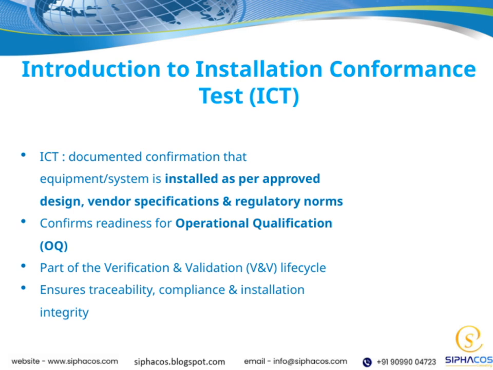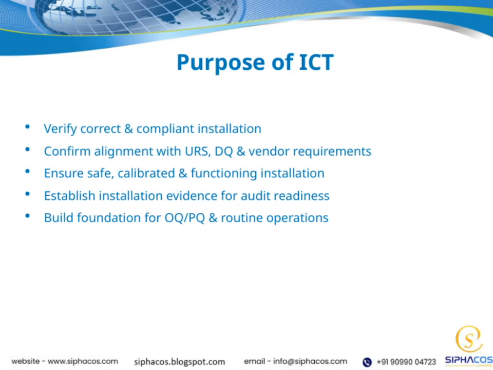Finally, understanding the introduction to installation conformance test helps us see how this step fits into the overall quality and validation framework. It's fundamental for ensuring that our equipment and systems are installed correctly, paving the way for successful qualification and operation.